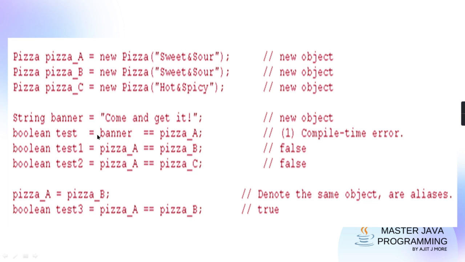But why it was here giving a compile time error only, direct compile time error? Because banner is a string object and pizza is a pizza class object. And is there any relation between pizza and string? No. Now some may say, obviously there is no relation between pizza class and a string class.